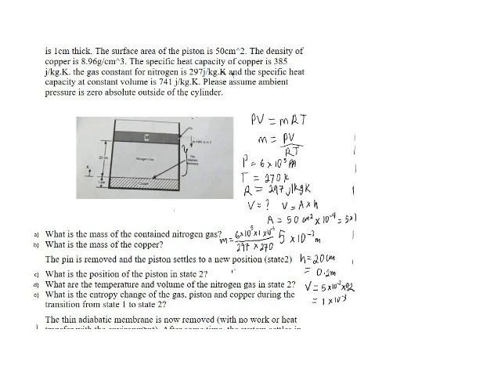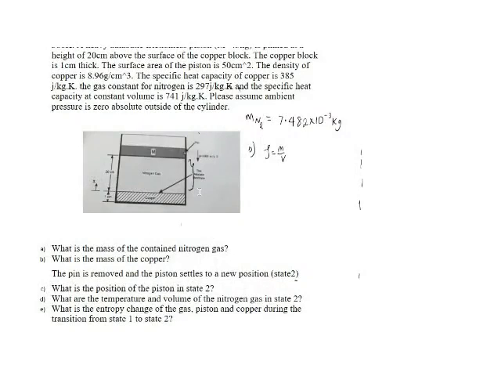So the mass of our nitrogen gas, upon computation, we are going to arrive at 7.482 times 10 raised to power of minus 3 kg. So this is the mass of our nitrogen gas. We have calculated the mass of our nitrogen gas.